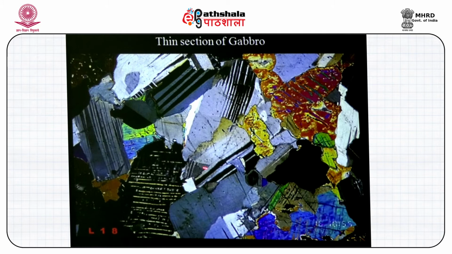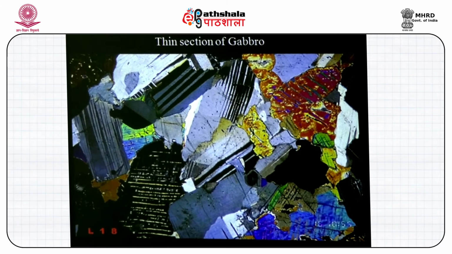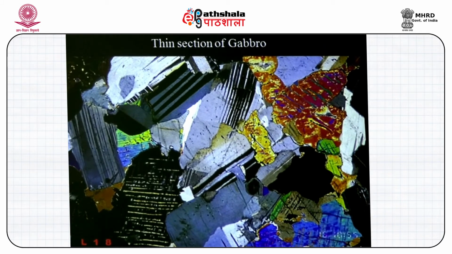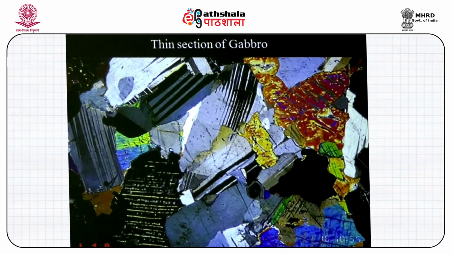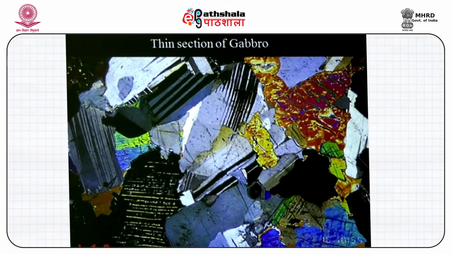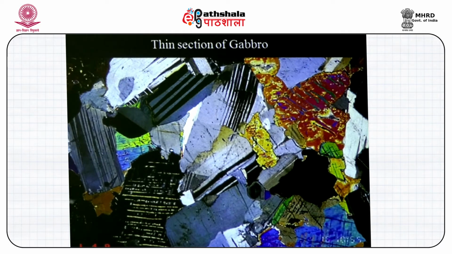And gabbros are rocks which are produced in very different tectonic environments. When it comes out at the ocean floor, they are equivalent to the N-type MORB or normal MORB. When they extrude as continental flood basalt, its equivalent at depth is the continental gabbro.